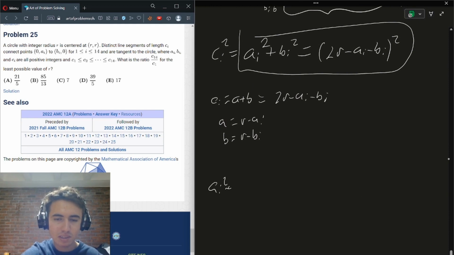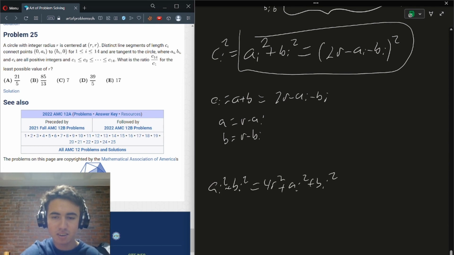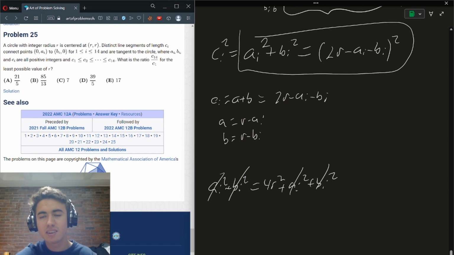So we have a_i squared plus b_i squared is equal to, on this side, let's take all the squares of the individual terms: 4r squared plus a_i squared plus b_i squared. Of course, these are all going to cancel out. And then let's take the multiples of two terms, right? Every combination of two terms will have a 2 times in the sum.